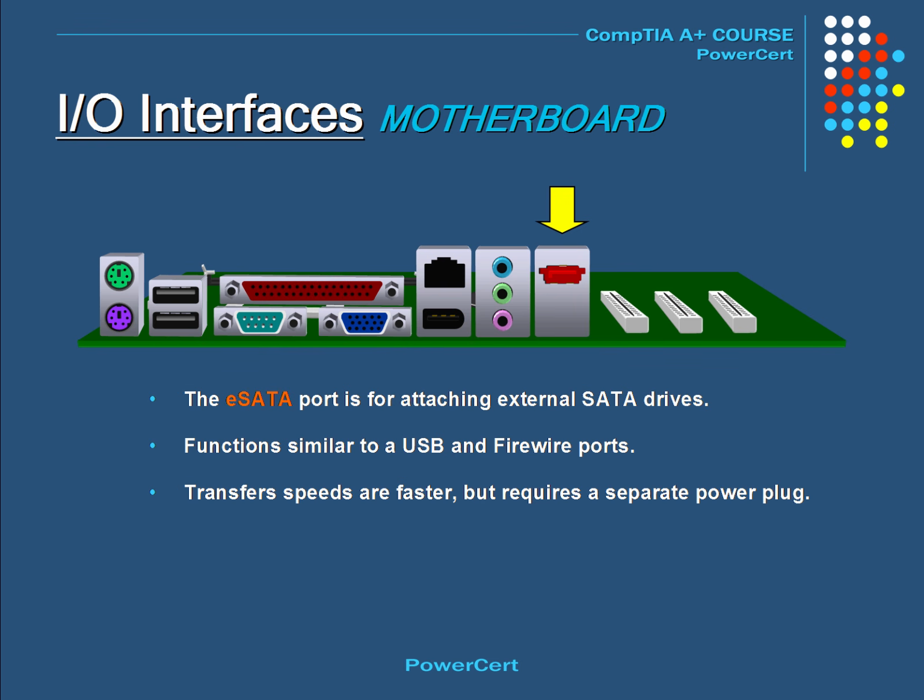But the disadvantage it has compared to USB and FireWire is that eSATA requires a separate power plug to supply the drive with power. But there is a new SATA port called eSATA P, which is power over eSATA. This port combines data transfer and power in an all-in-one port, similar to USB and FireWire.